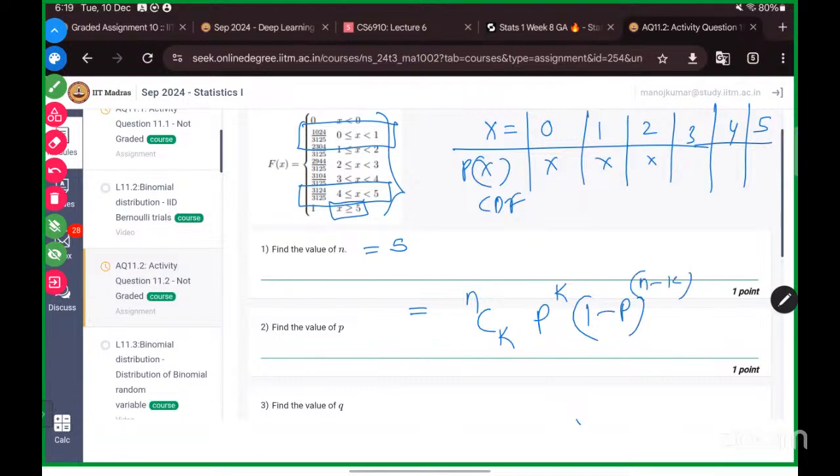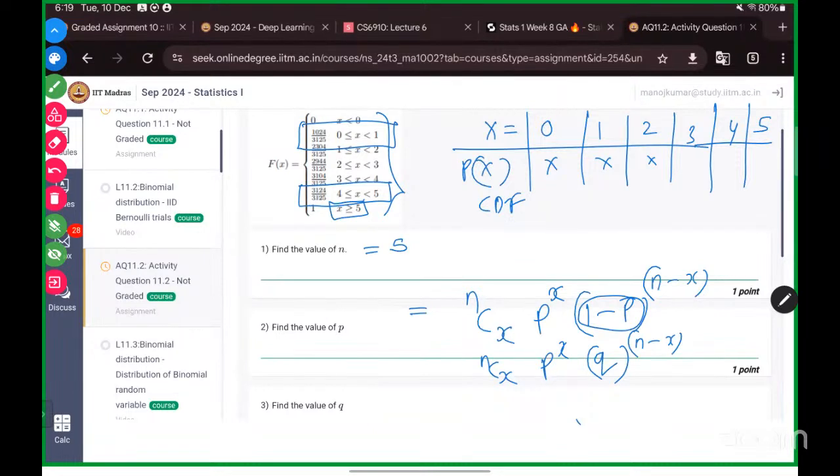This is the formula for the probability of a binomial random variable. So it's p power x, 1 minus p power n minus x, and 1 minus p they have mentioned as q. Okay, that's how the formula is.